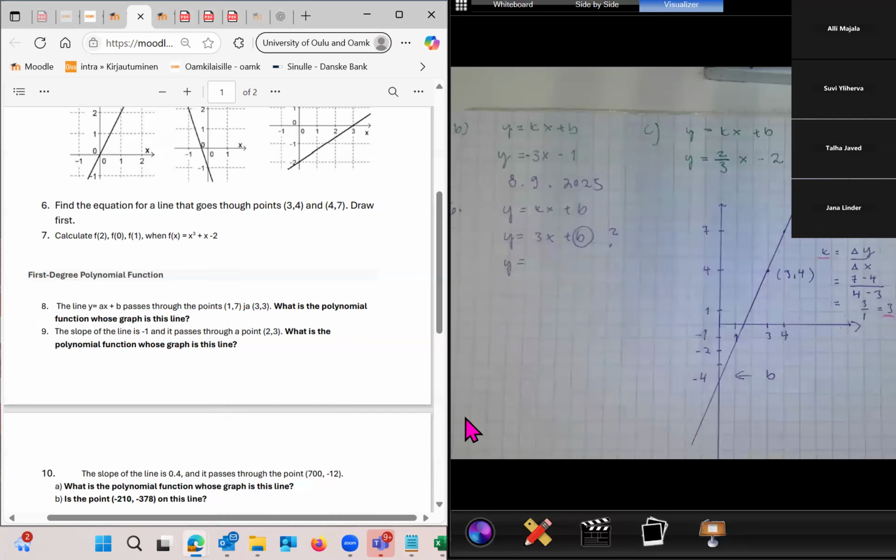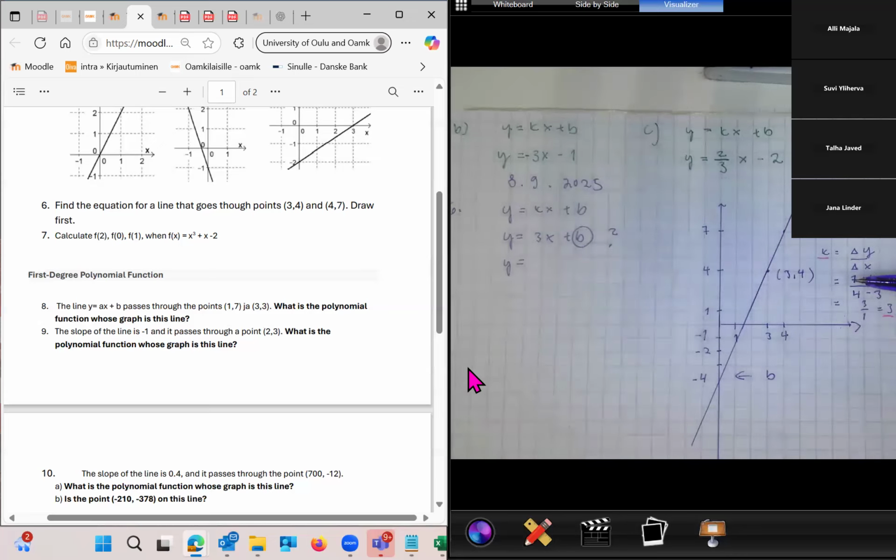Yeah, I think I did something with the drawing. The drawing is not easy. What did I do wrong? If we go straight upward, it would be positive y, but if we go downward, it would be minus y.